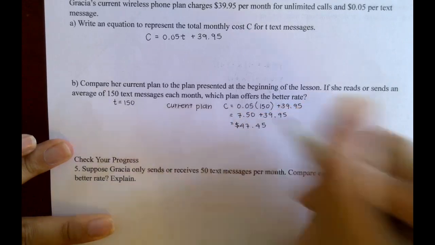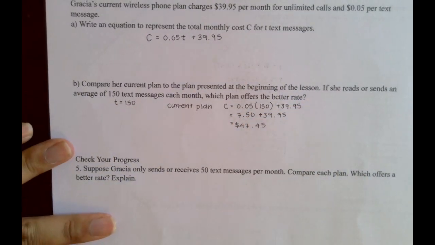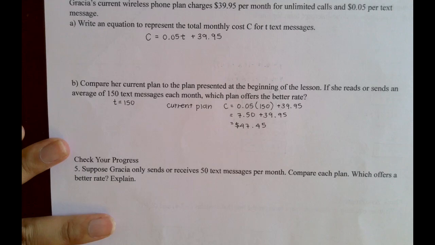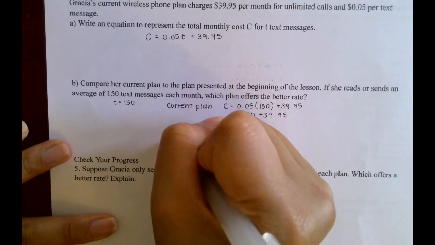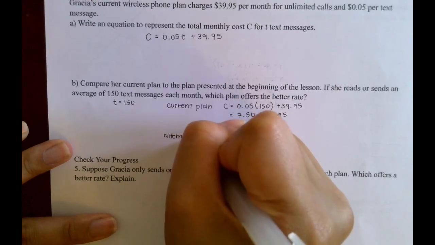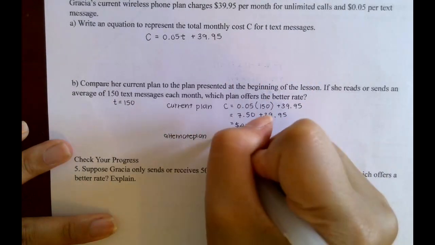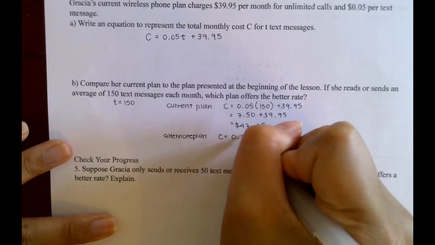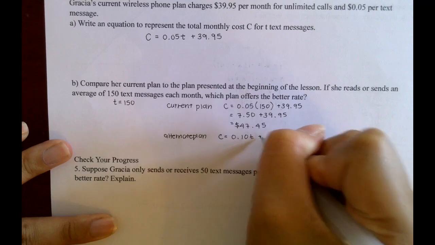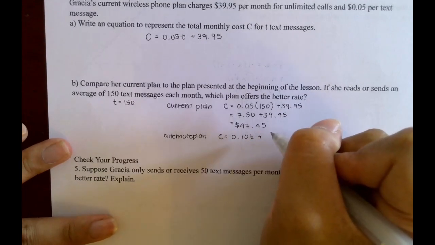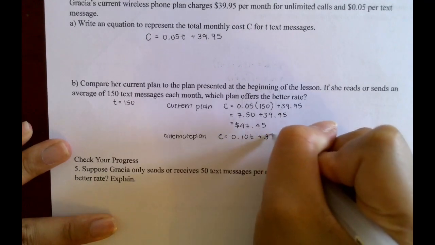So her current plan, if she does 150 text messages, will cost her $47.45. The alternate plan at the beginning of the book was C equals 0.1T, or 10 cents per text, but the unlimited calls and stuff is cheaper at 35.